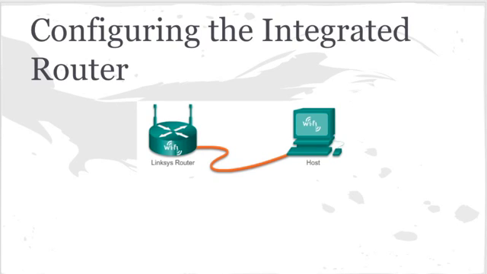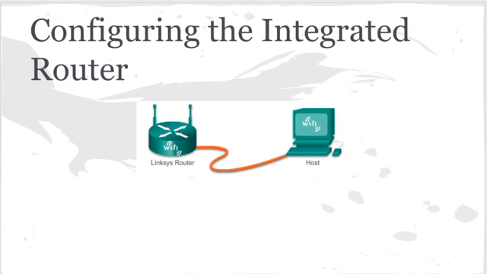The computer will obtain the information necessary for its own IP addressing. If the connection was successful, typing the computer's default gateway address, which is also the router's IP address, into a web browser provides access to the web-based configuration GUI.